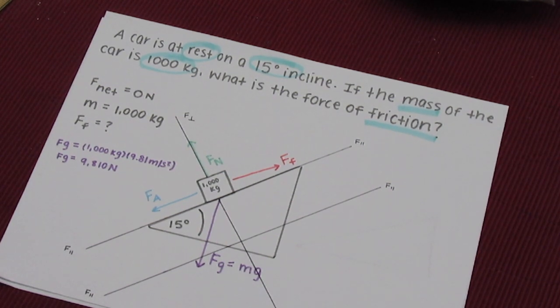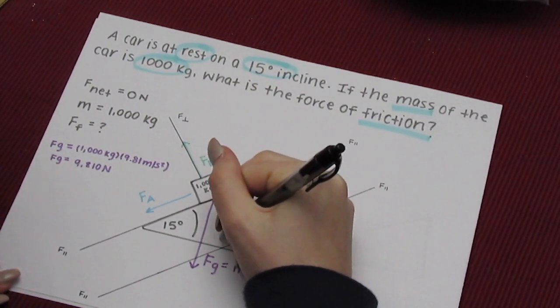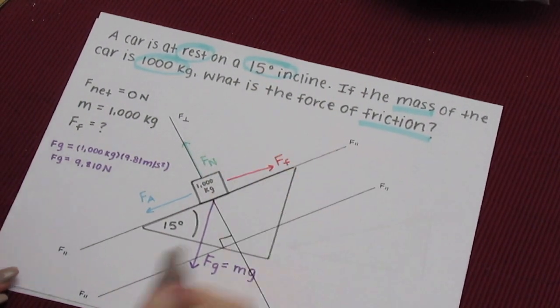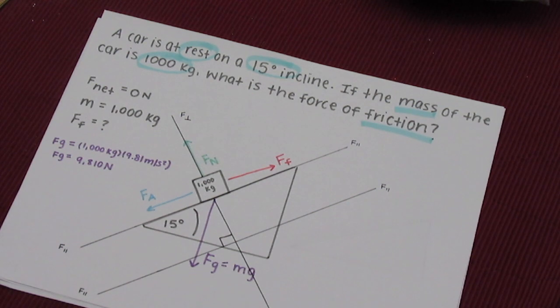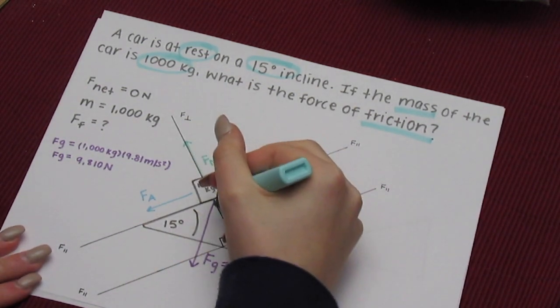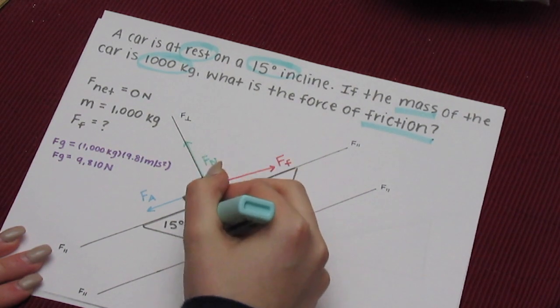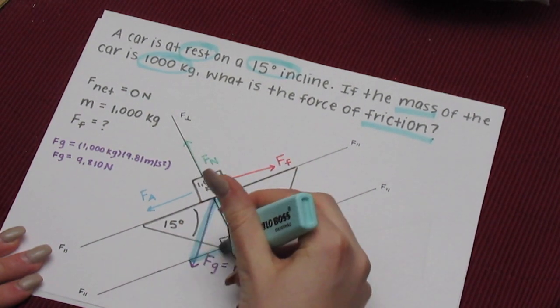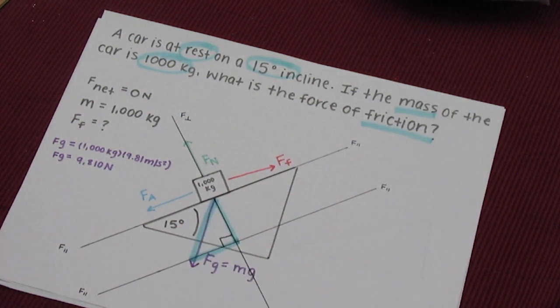Alright, so now I'm going to label my right angle in the triangle. This is my right angle here. We're working with this triangle, so I'm going to highlight the triangle just so that it's easier to see. That's the triangle we're working with.